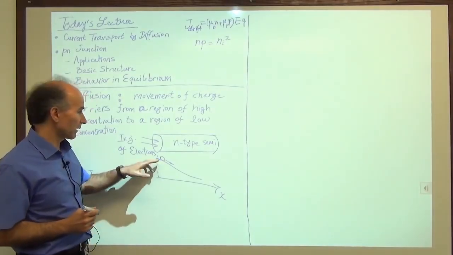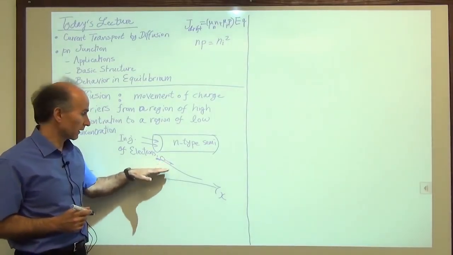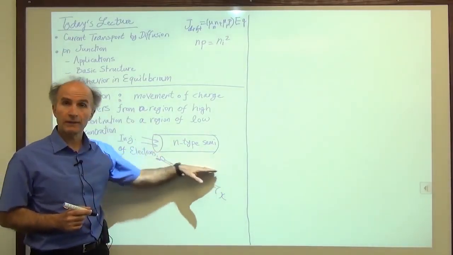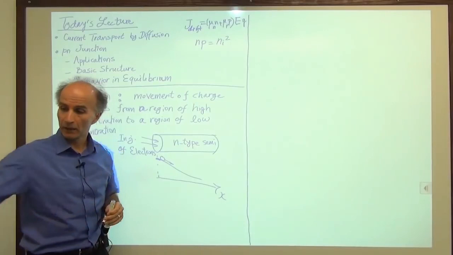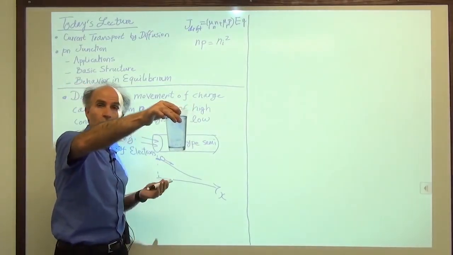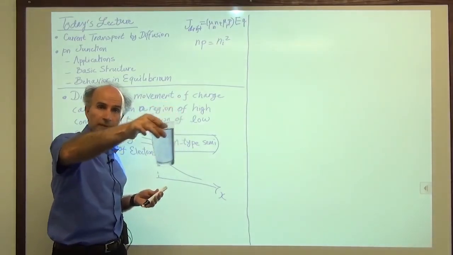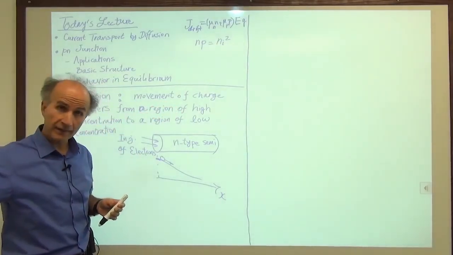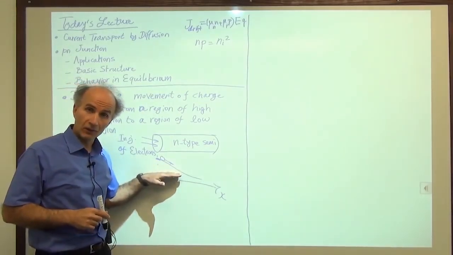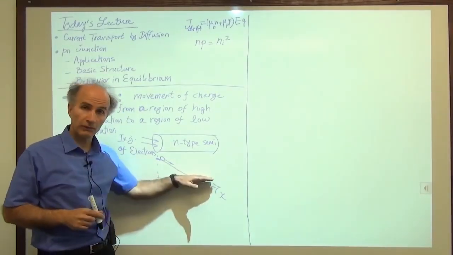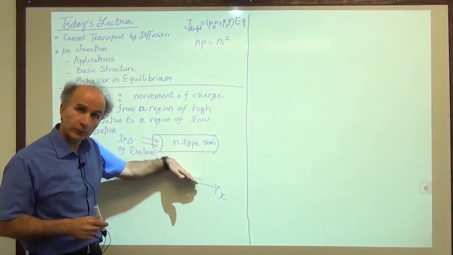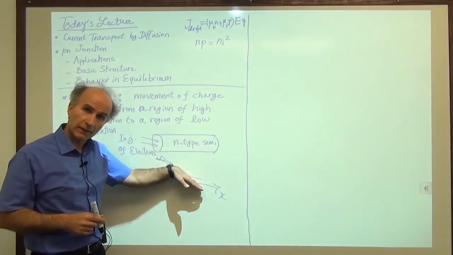You can imagine that if the concentration is constant from here to here, let's say there's no injection, there is no diffusion, right? If you can see that now the ink has completely diffused and there's no more tendency to diffuse anymore. So if the concentration is constant, if the gradient or the slope is 0, then there is no more diffusion.